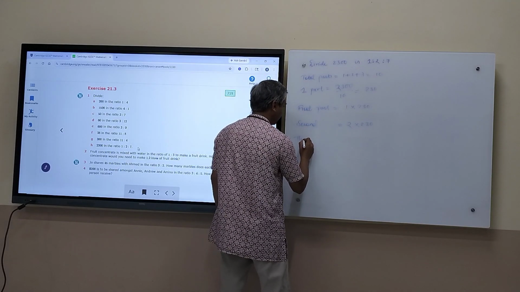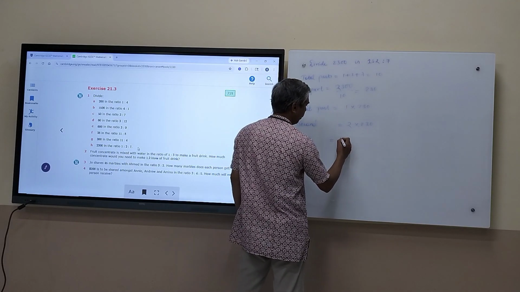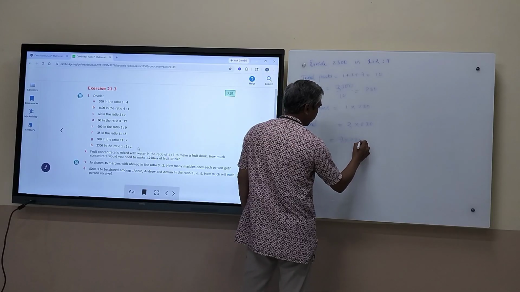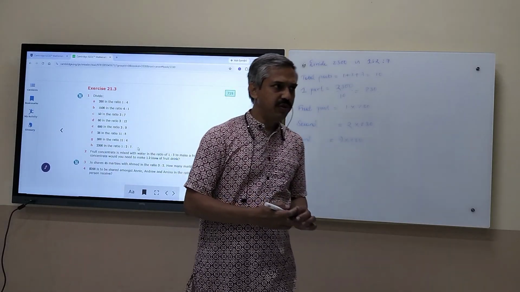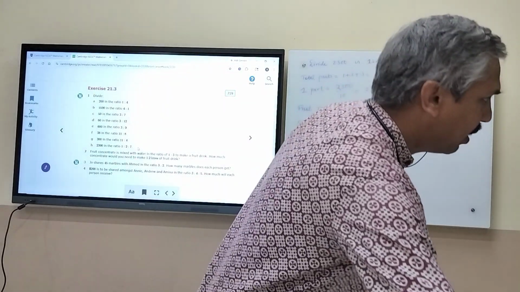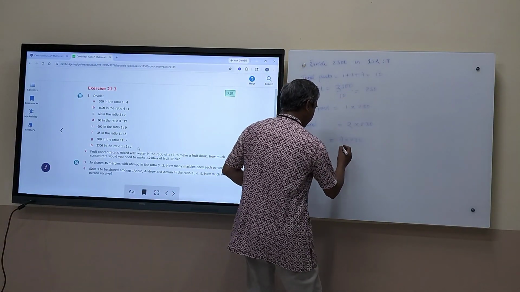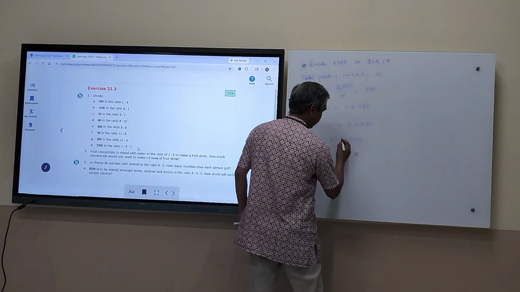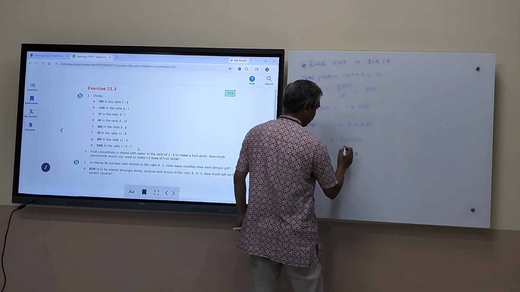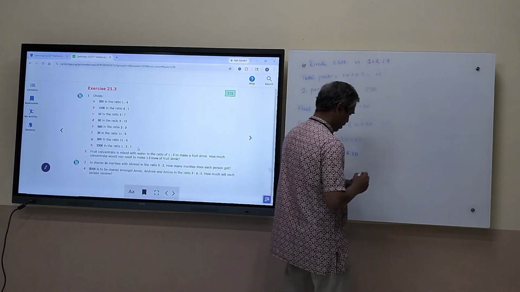And the third one will be equal to 7 into 230, which will be equal to, I think it will be 1610. 7 into 0 is 0, 7 into 3 is 21, so 1610.